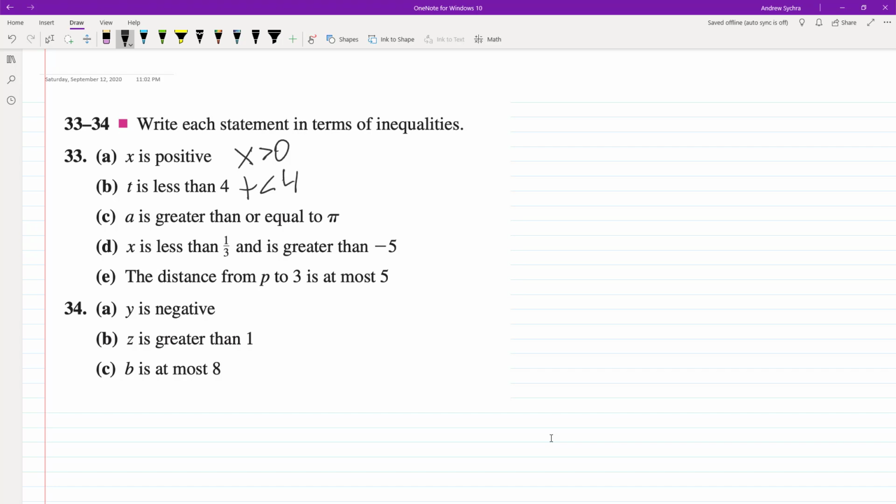A is greater than or equal to pi. X is less than 1/3 and greater than -5. There we go. The distance from P to 3 is at most 5.